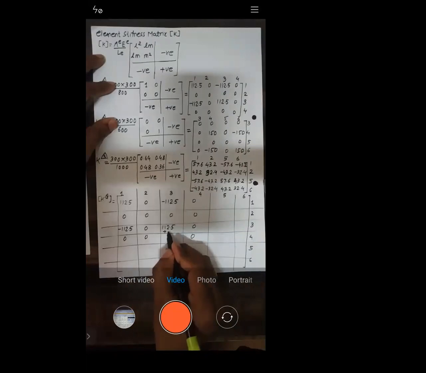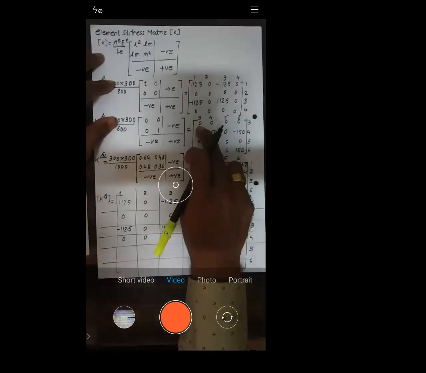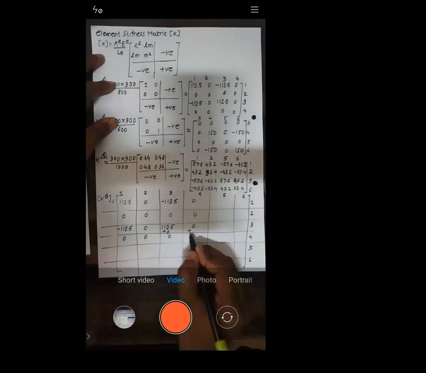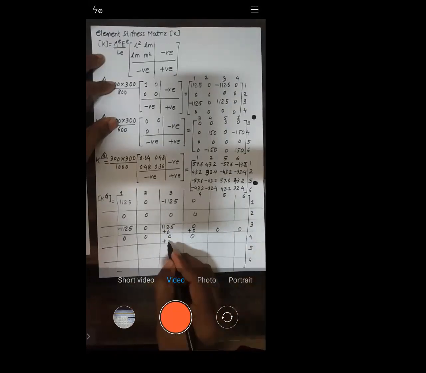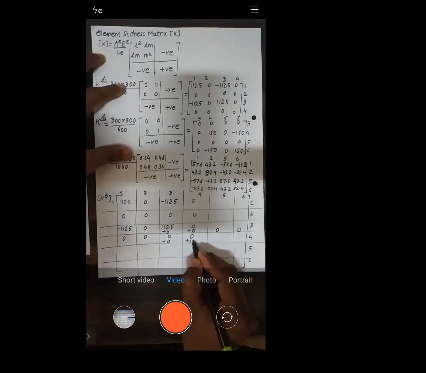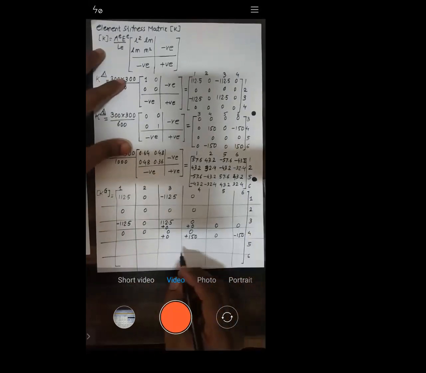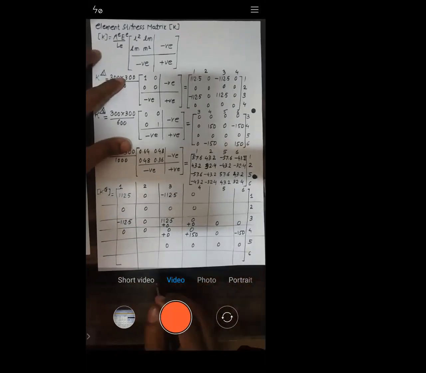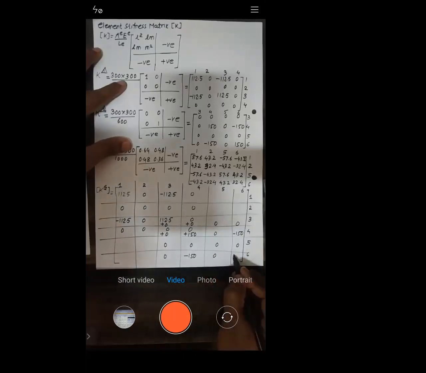Here this term 3 3 is 0, so I put that 0. Then here again 0. Below that, plus 0, plus 150, 0, minus 150, 0, 0, 0, 0, 0, minus 150, 0 and 150.